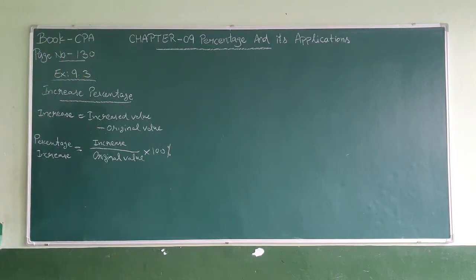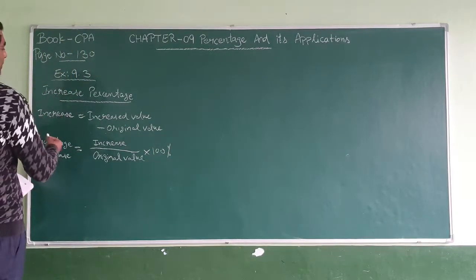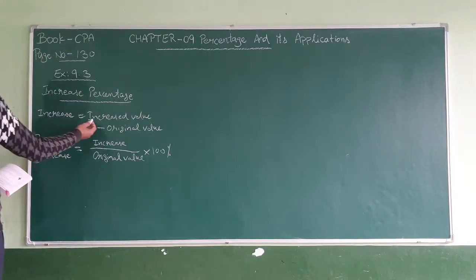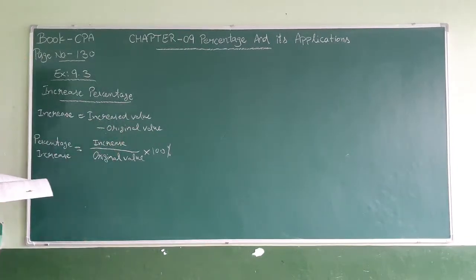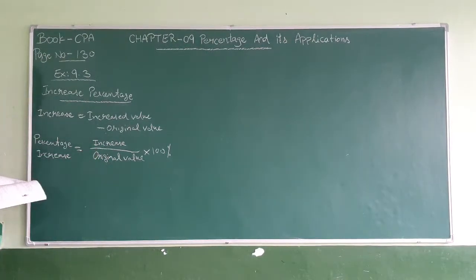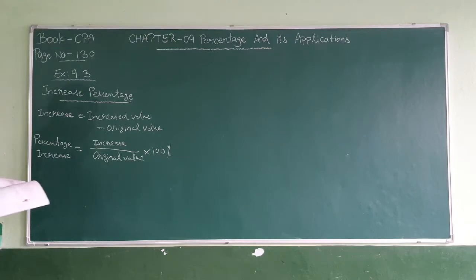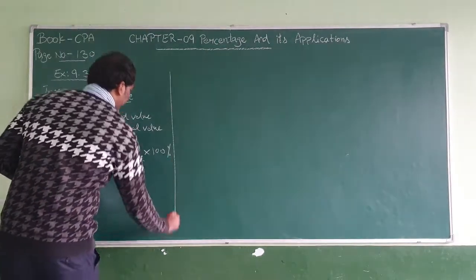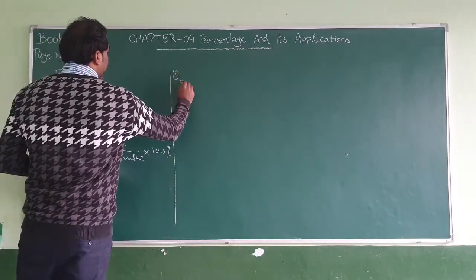Okay बच्चे, this is the formula of increase percentage. Increase equal to increased value minus original value. Then percentage increase equal to increase upon original value multiply 100%.